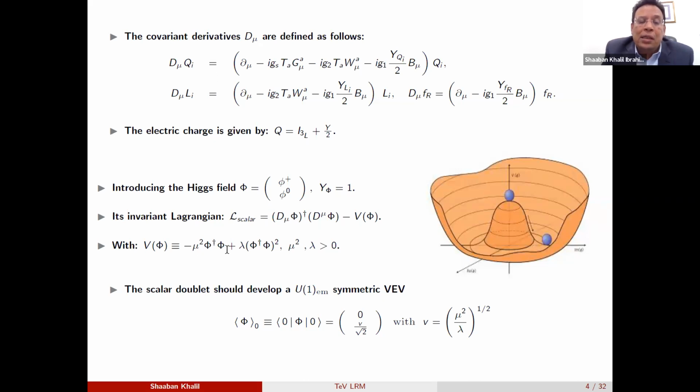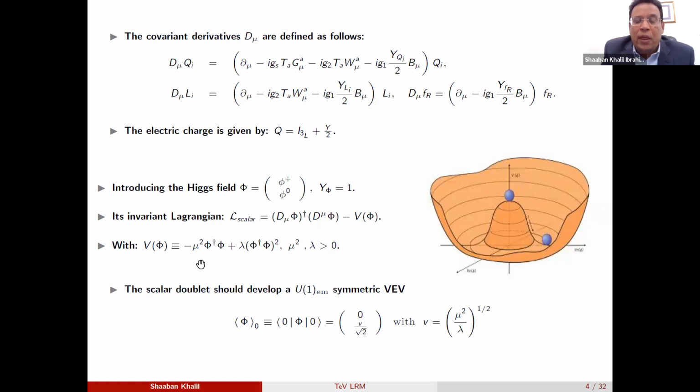However, because this is just the bare mass in the Lagrangian, not the physical mass of the field, we still will break and will change things and will mix. So people tried to convince that this minus mu square is just a bare parameter. You don't take it as a physical mass and try to proceed.